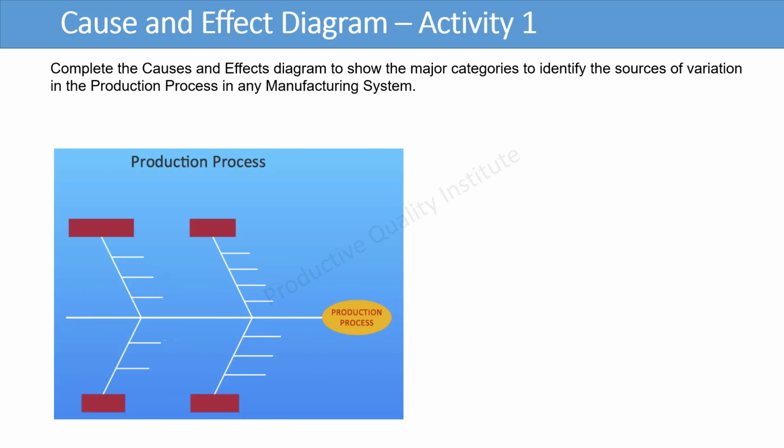For the first activity, on cause and effect, complete the cause and effect diagram to show the major categories in order to identify the sources of variation in the production process in any manufacturing system. Please perform the activity and send your output by email for assessment.